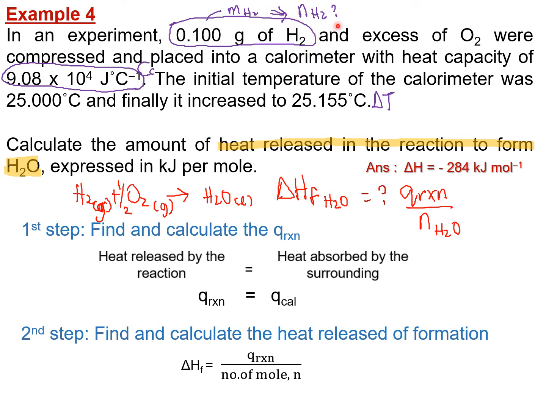So once you have found the number of mole of hydrogen, bolehlah you find the number of mole of H2O because 1 mole of hydrogen gas is equivalent to 1 mole of H2O. Alright. So once you have found the number of mole of H2O, and then you dah jumpa the heat of the reaction, barulah you boleh dapat the heat of formation in kilojoules per mole.